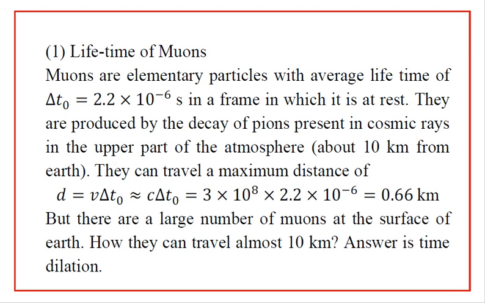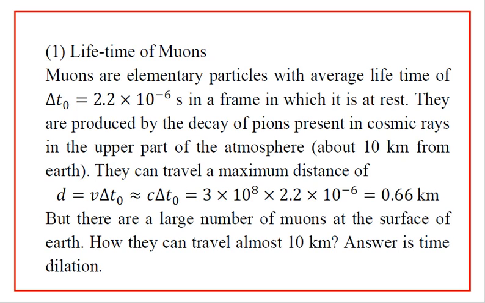And the muons are created at about 10 kilometers from the surface of Earth. So after traveling a distance of about 0.66 kilometer, almost all the muons will be converted into electrons, because muons are unstable. But practically, a large number of muons are seen on the surface of Earth.